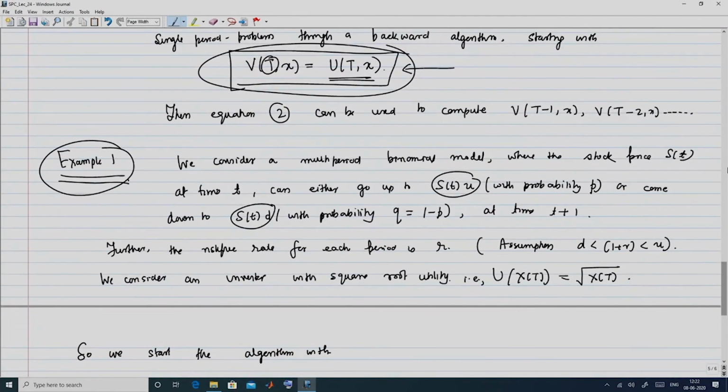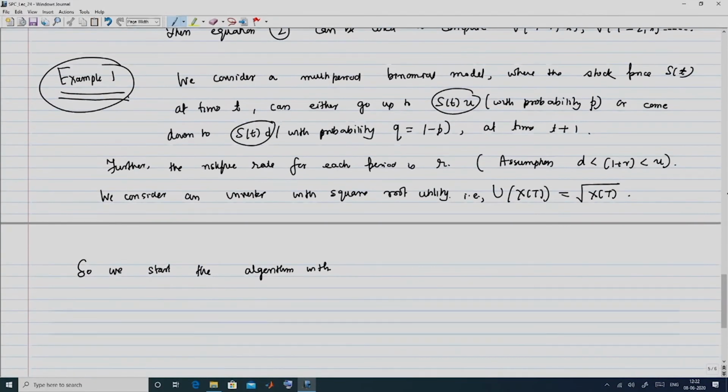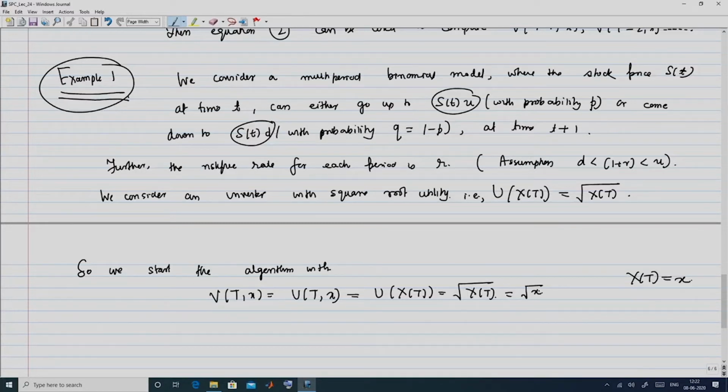Using this we have V of T, x which is u of T, x, but u is nothing but u of x of T which is the square root of x of T. And now, suppose that we take the wealth level at time T, x of T, equal to x, that is your target wealth. So, this can then be written as the square root of x.